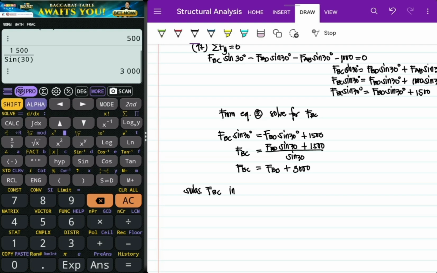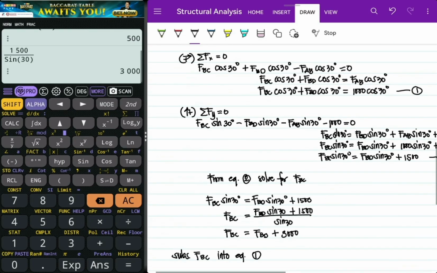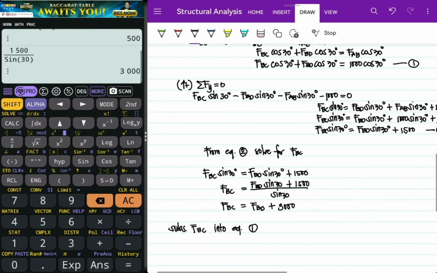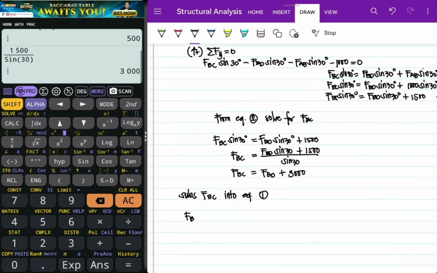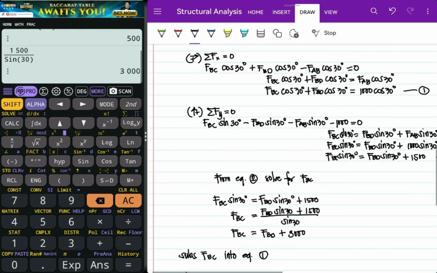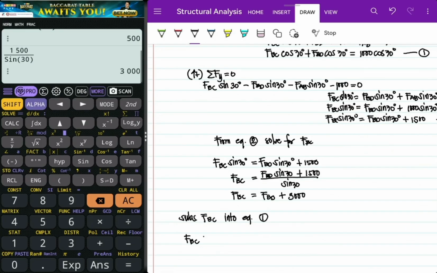So what we will be doing here is we substitute FBC into equation number 1. We copy equation number 1: FBC cosine 30 plus FBD cosine 30 degrees is equal to 1000 cosine 30 degrees.